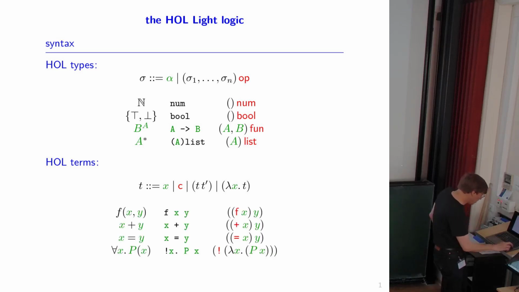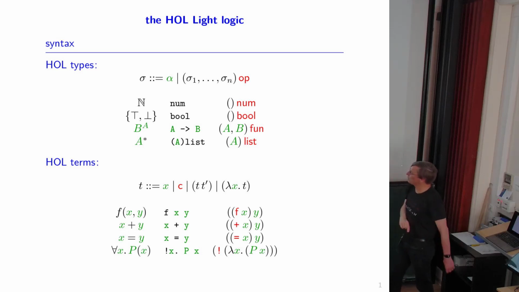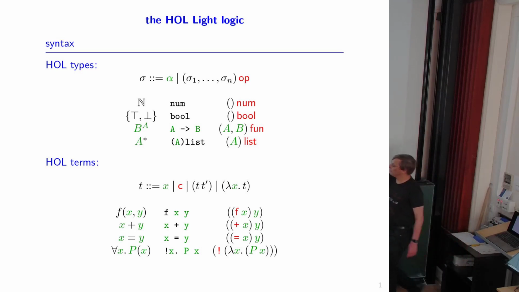Then of course I also have examples for terms. So normal people would write a function with two arguments like this. If you're a Haskell or OCaml programmer, you don't know about commas, so you write it like this. And how does this match this grammar here? Well, function application associates to the left. So later on I'll omit these brackets, but this is the structure. We have a constant, we have a variable, we put them together, we put another variable, we put them together.